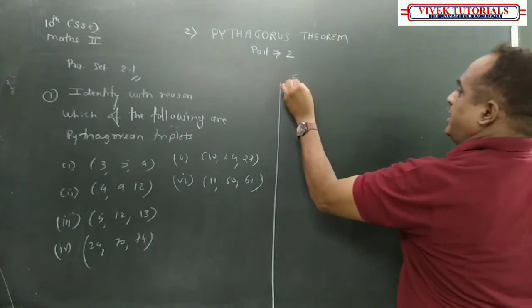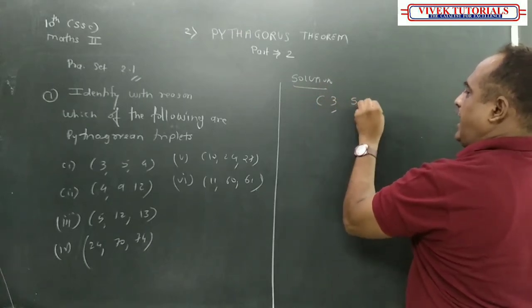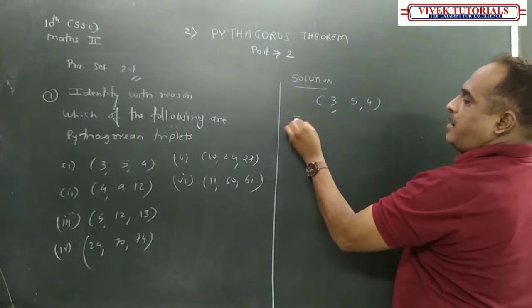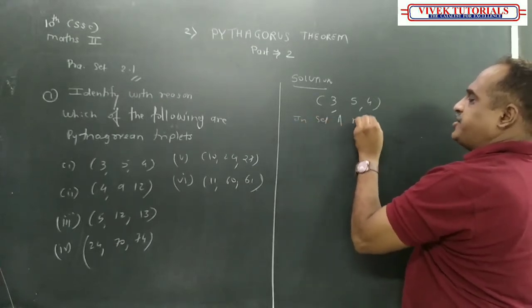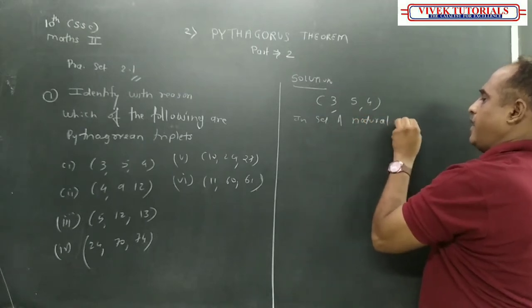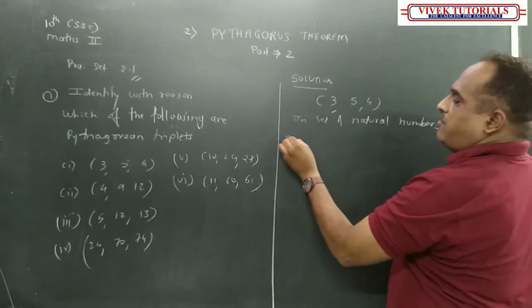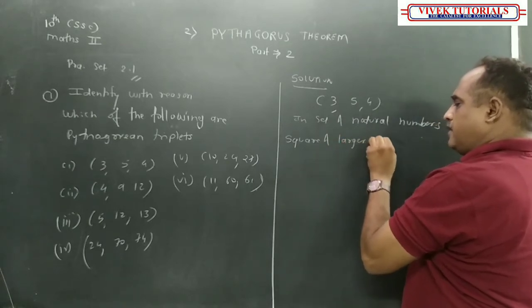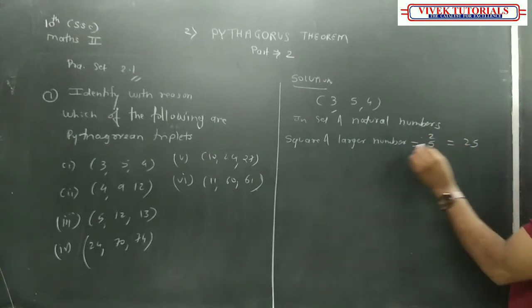Okay. Solution. 3, 5 and 4. So, in a set of natural numbers, square of larger number is equal to 5 square is equal to 25.